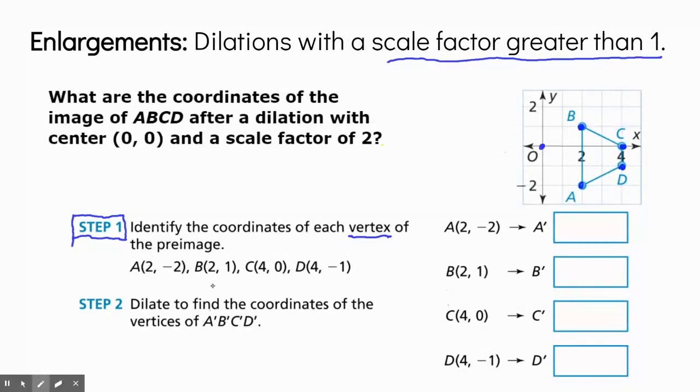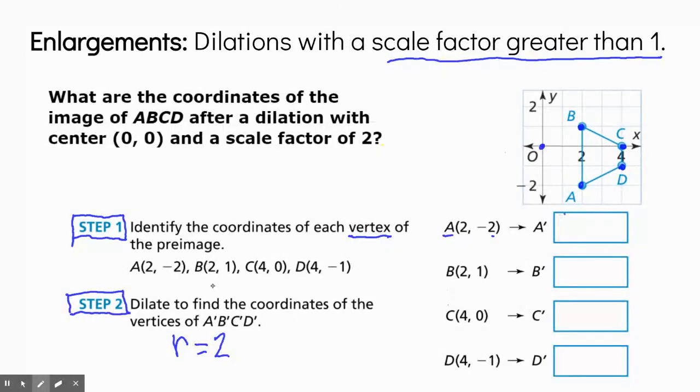Now, step 2 is to dilate to find the coordinates of the vertices. So we are going to use a scale factor r equals 2. So each coordinate we multiply by 2 to find our dilated image. So we're going to take our pre-image here, A, multiply each coordinate by 2 to find our image A prime.